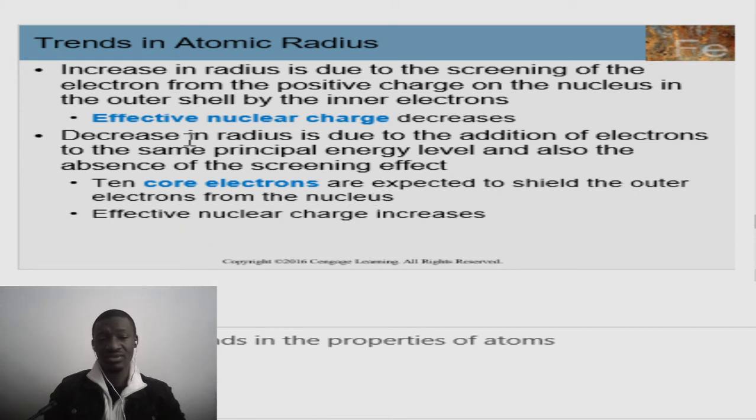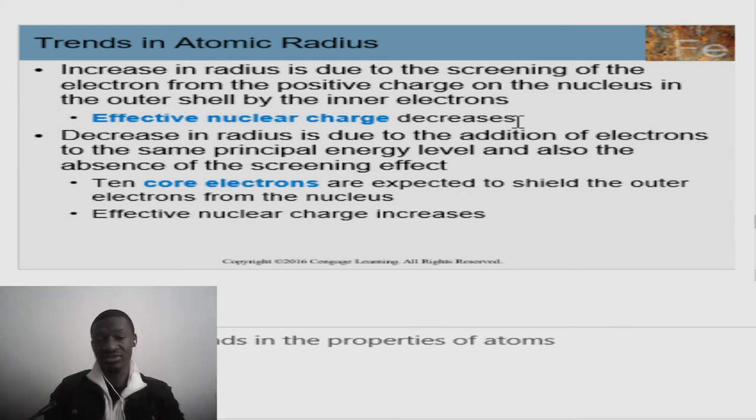So that's what we call your effective nuclear charge. The word effective means a good nuclear charge. The word nuclear has to do with the nucleus, and then charge is the charge that's emanating from the nucleus.